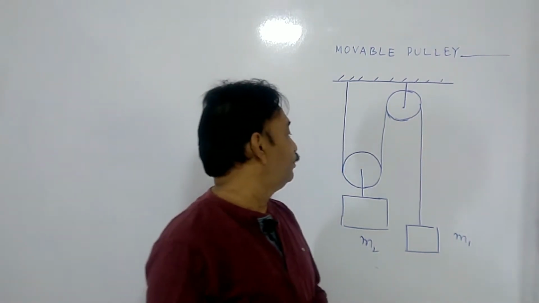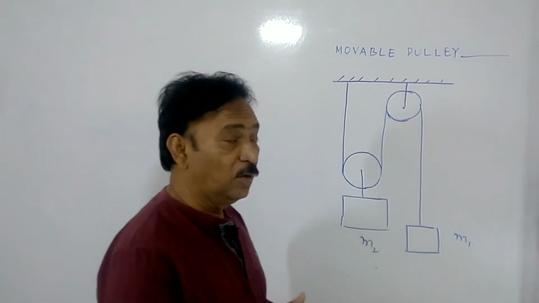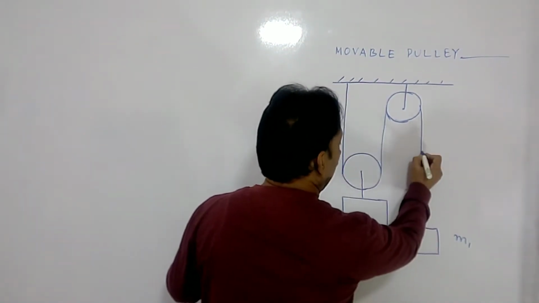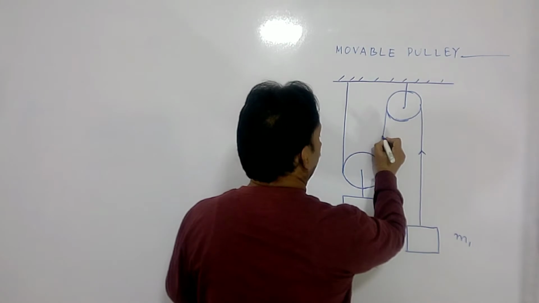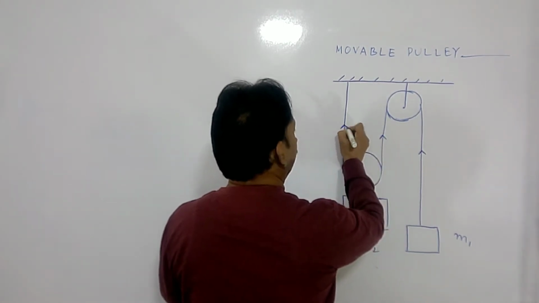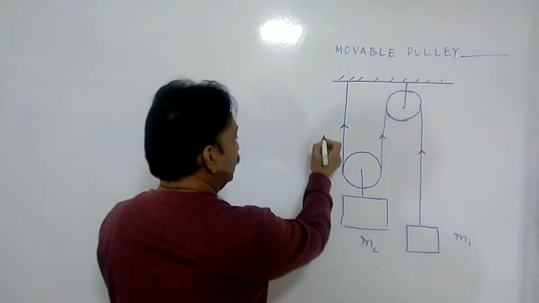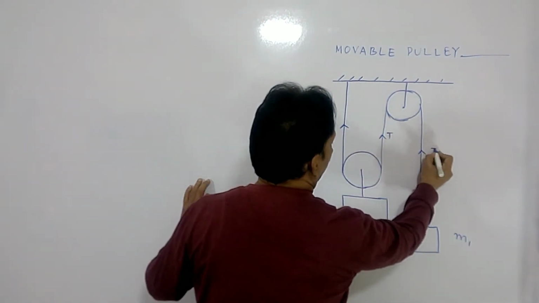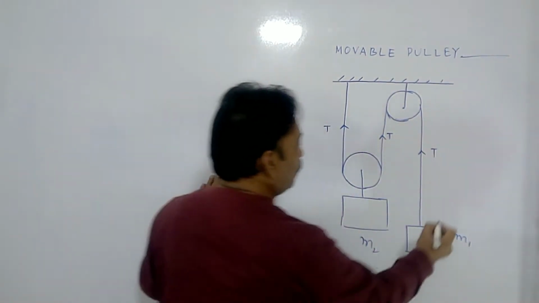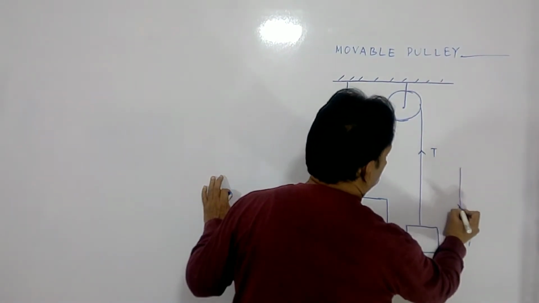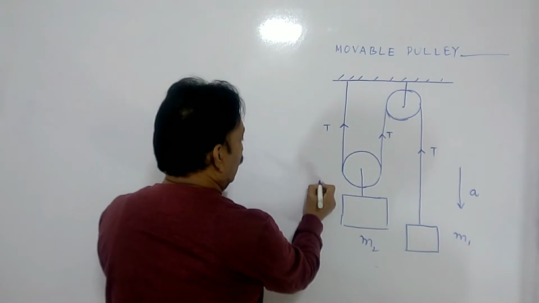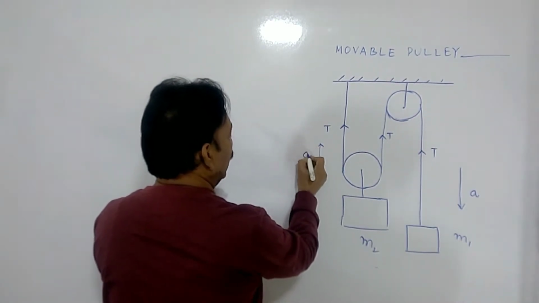Students, we have to find the tension in the string as well as the acceleration. Here these arrows are indicating the tension, and this is the acceleration and its direction.